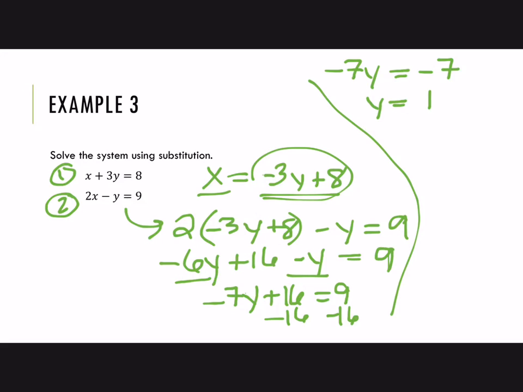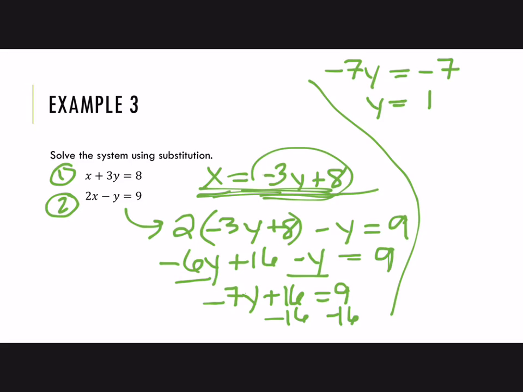Now I need to find x. To find it, you can go back to any of the equations that have both an x and y in them. I could use this one, and that's probably the fastest since x is by itself. But if you're worried that you made a mistake there, then go back to one of these two original equations, just in case you made some sort of mistake when you got this equation.